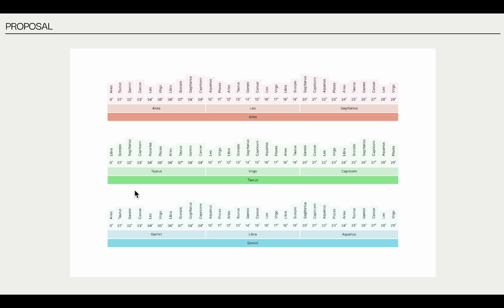And the new season starts with a cardinal. So we have that pattern here. Each zodiac sign is starting with a cardinal sign and ending on a mutable.